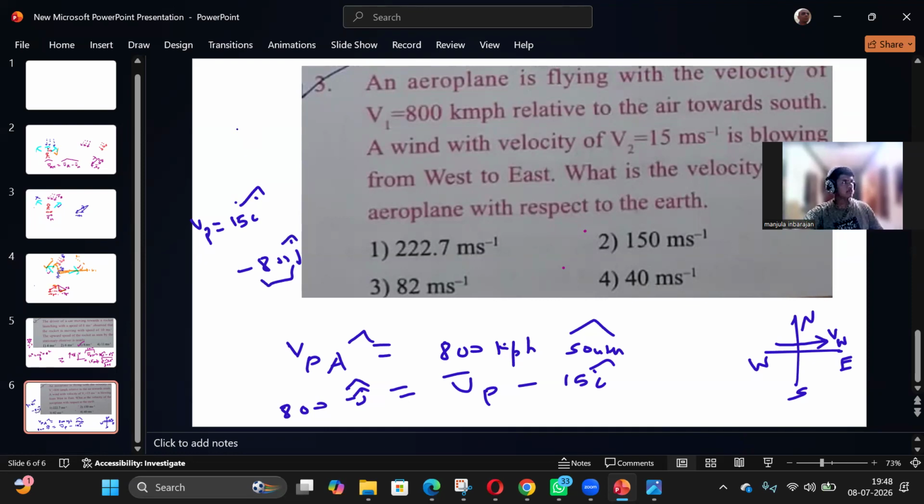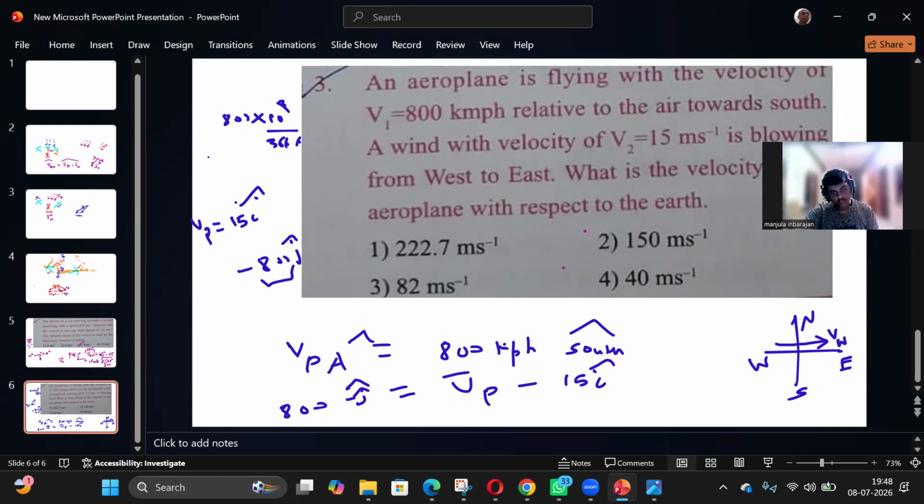Converting 800 into meters per second will be less, no? 800 into 1000 over 3600 is 5 by 18, which gives 2000 by 9. 9 8s are 72.